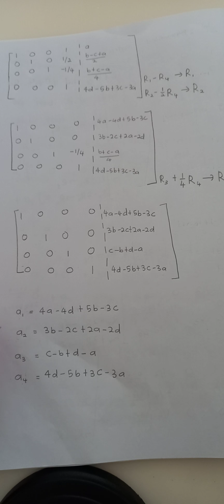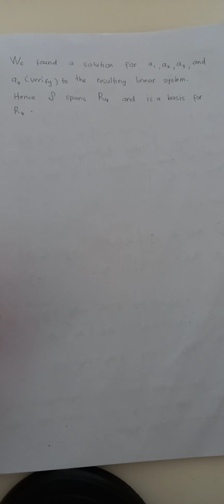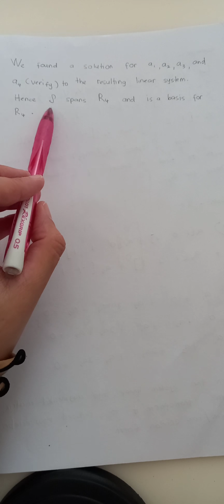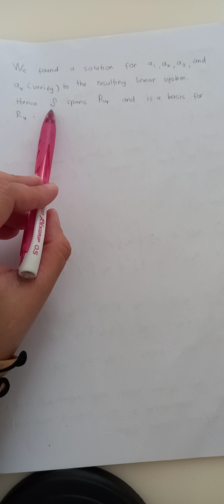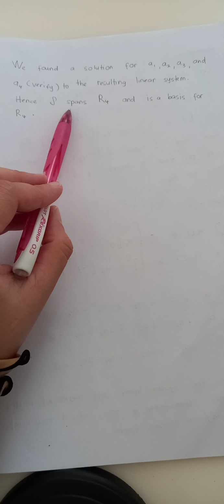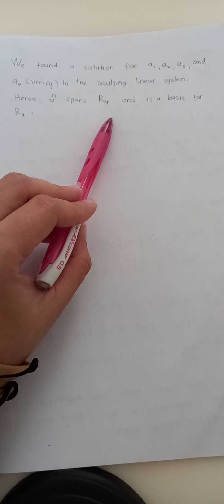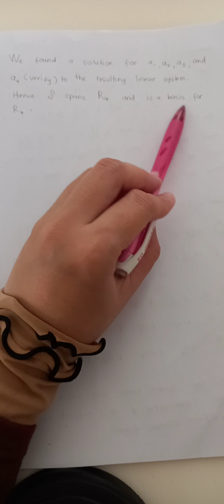So every vector spans the R4, okay. So since the set of vectors, V1, V2, V3, V4, spans the R4, okay, and before this we have shown that it is linearly independent, therefore it is a basis for R4. That's it, okay.